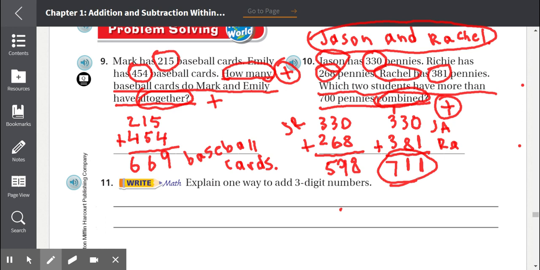Number 11, explain one way to add three-digit numbers. One way we can add three-digit numbers is using place value.